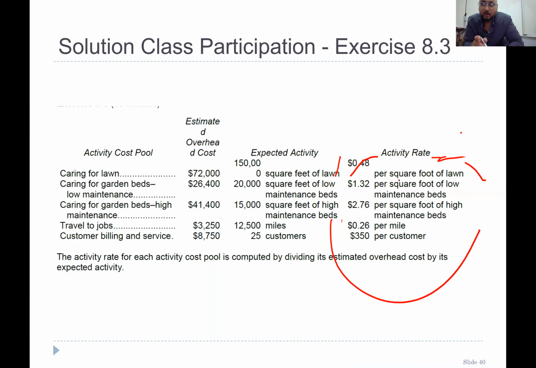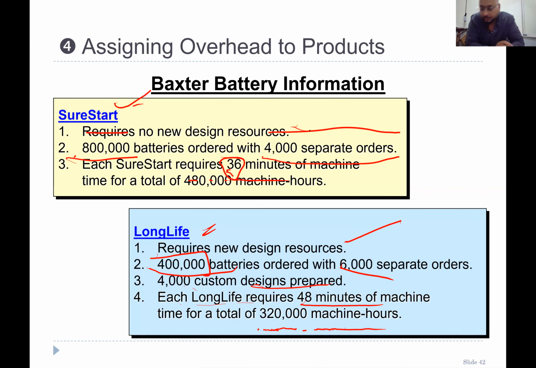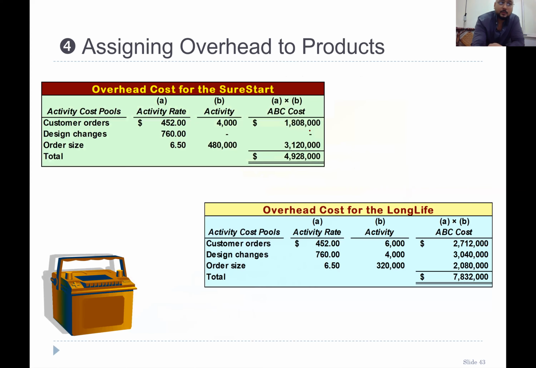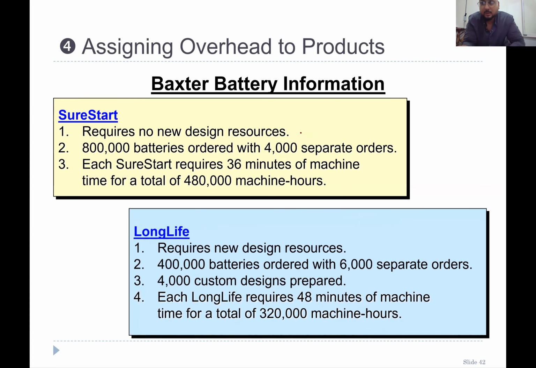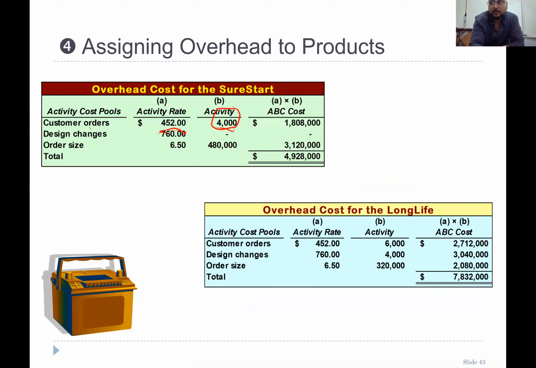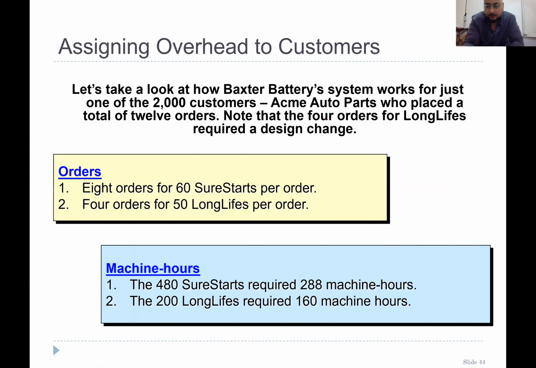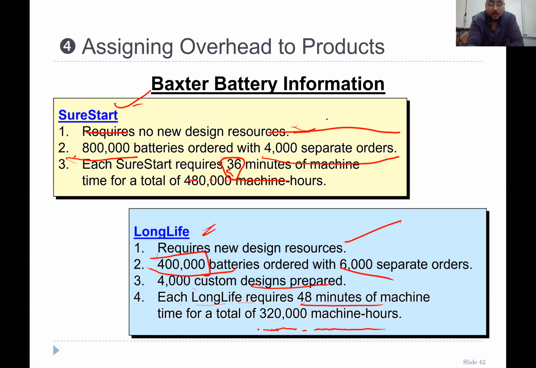So for short start, no design change, so design change is going to be 0, right? Customer orders, 4,000 orders. So 4,000 multiplied by its rate. So customer order cost is 1.808 million. Order size is based on machine hours, so 480,000 machine hours are used.